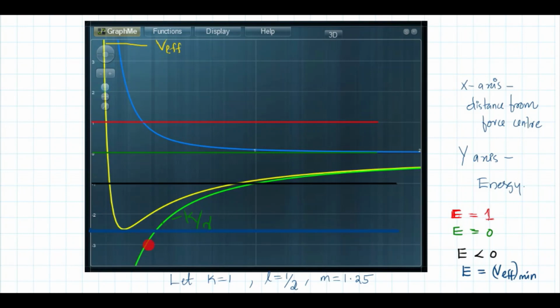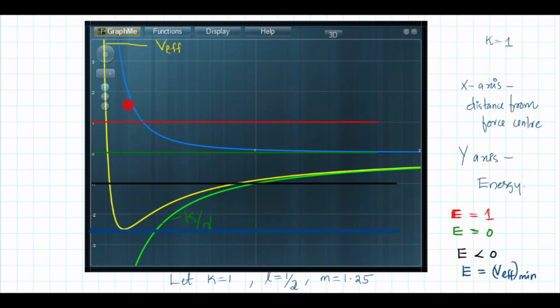This green one is the plot of minus k by r, taking k value equal to 1. That is, this is a plot of minus 1 by r. So for r equal to 1, you will get this value as minus 1. This is the actual potential for a k value of 1.